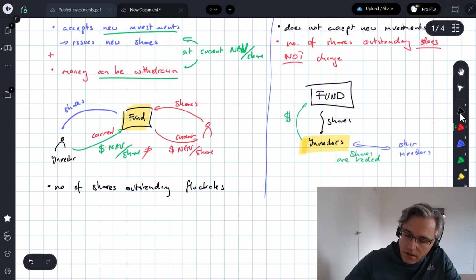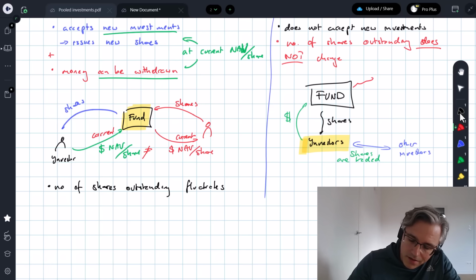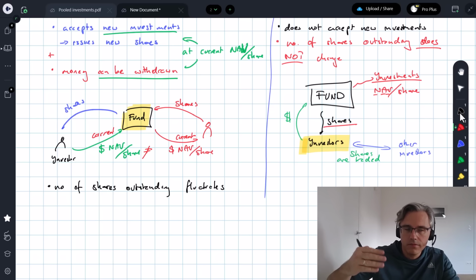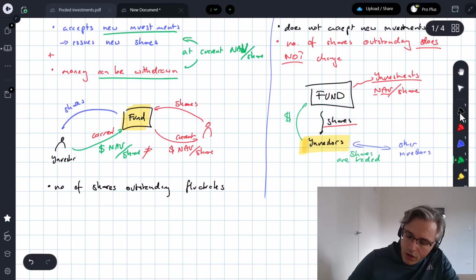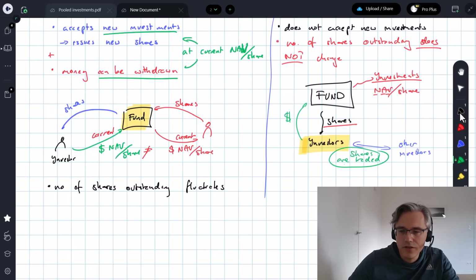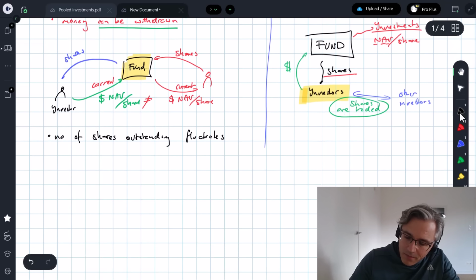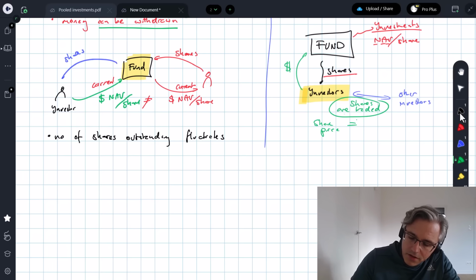The trouble is, over here you've got the fund making its investments, and at any point in time on any day you could calculate the NAV, the net asset value of those investments, on a per share basis. Obviously on a per share meaning divided by the number of shares the fund has issued. And over here, the price at which these shares trade, the shares of the fund, that price, share price, will not always be equal to NAV.